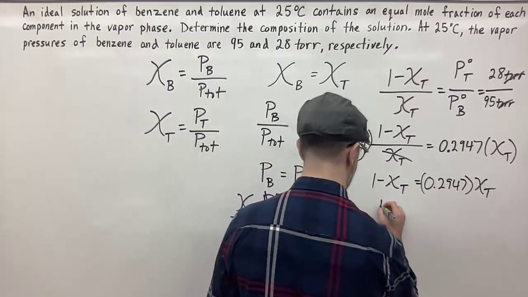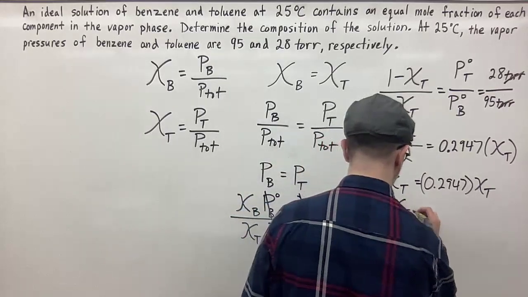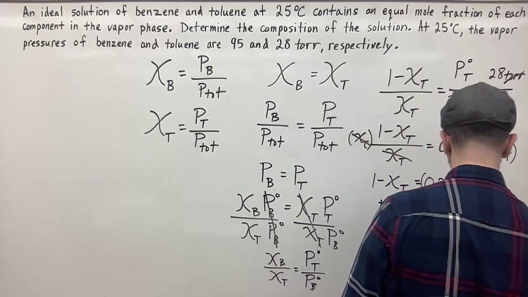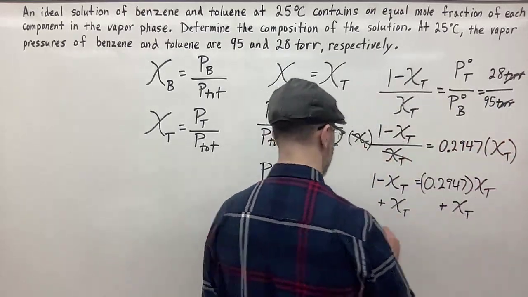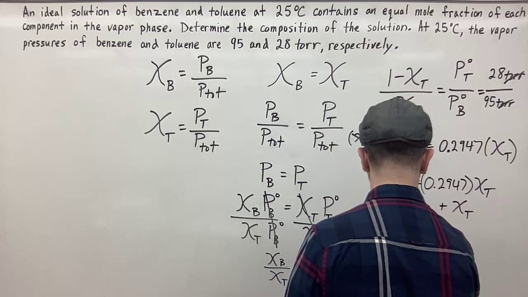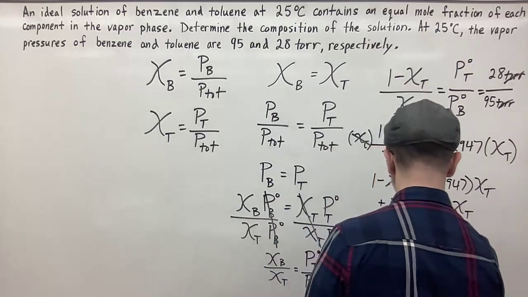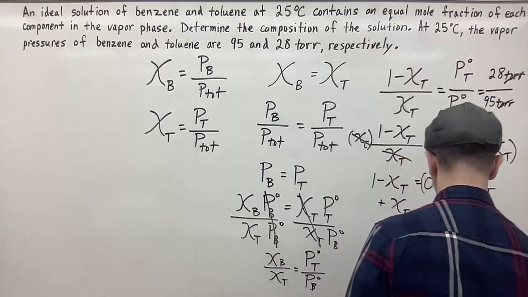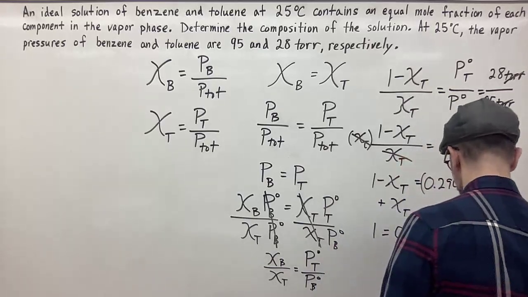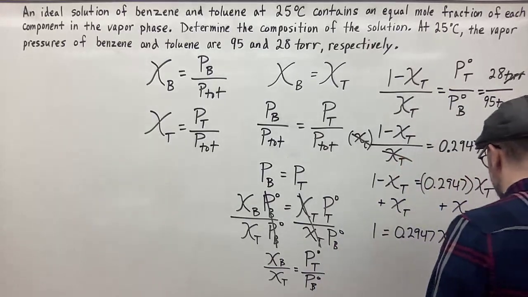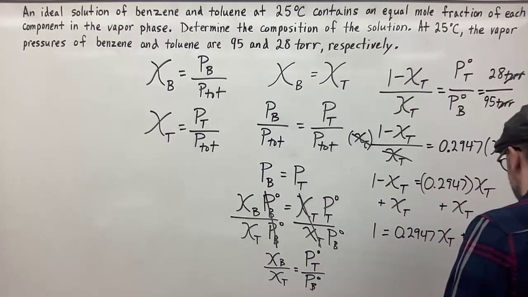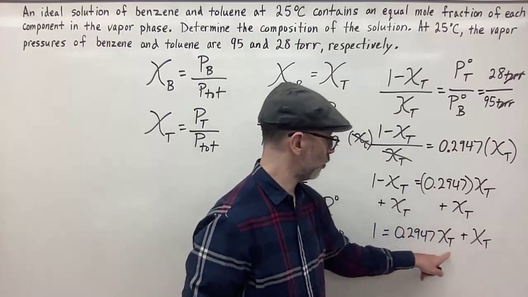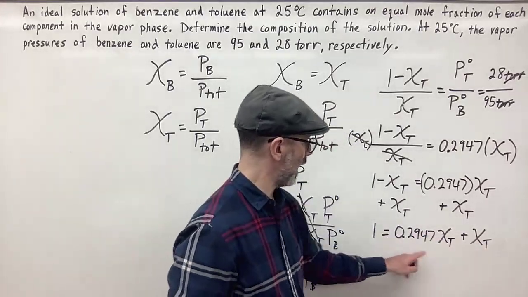Now I can add the mole fraction of toluene to both sides. So then 1 is equal to 0.2947 times the mole fraction of toluene plus the mole fraction of toluene. Well, I've got the same variable here, so I'm going to add these together.